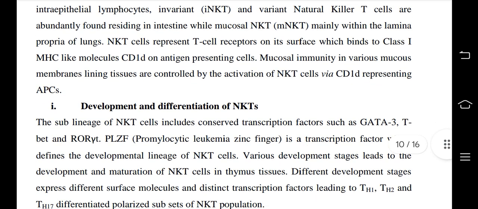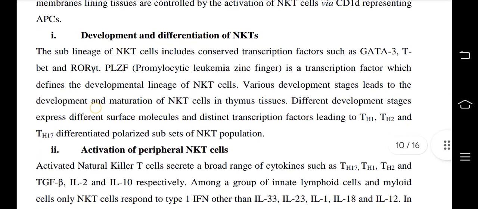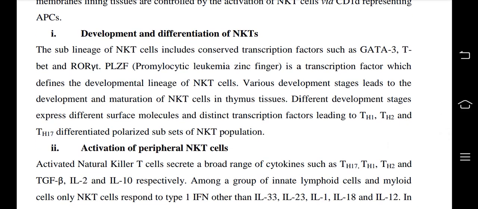NKT cells express T cell receptors on their surface, which bind to the class 1 MHC-like molecule CD1d on antigen presenting cells. So, mucosal immunity in various mucosal membrane lining tissues is controlled by the activation of NKT cells via CD1d expressing APCs.